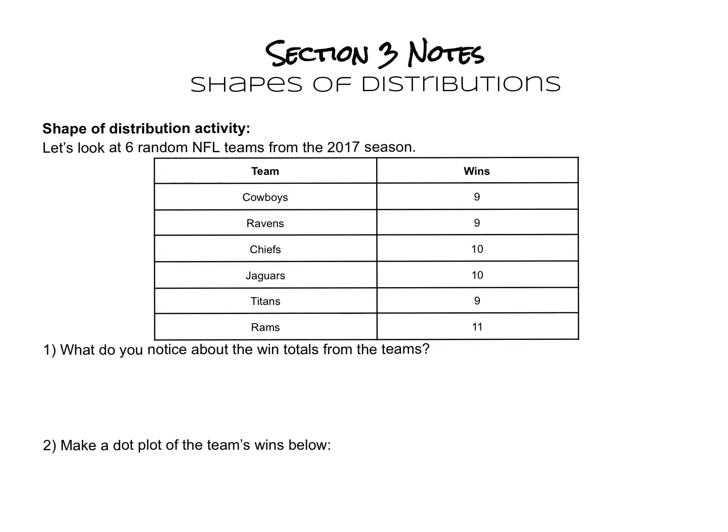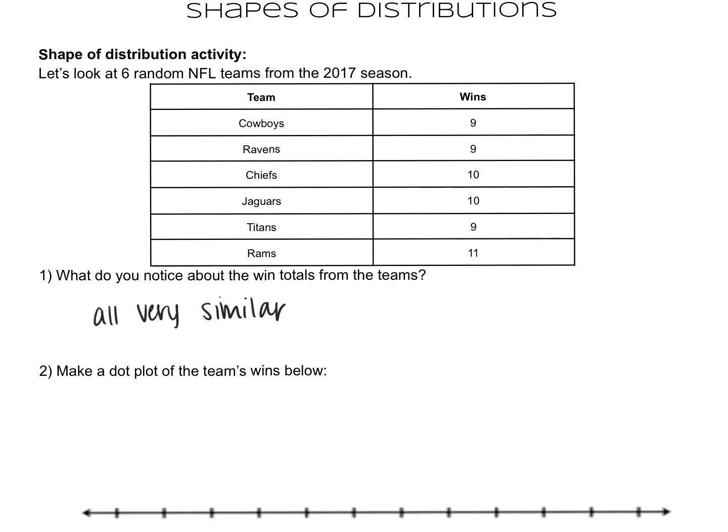Something we might notice about the win totals is that they're all very close, all very similar. 9, 10, 11, those are all very close together.